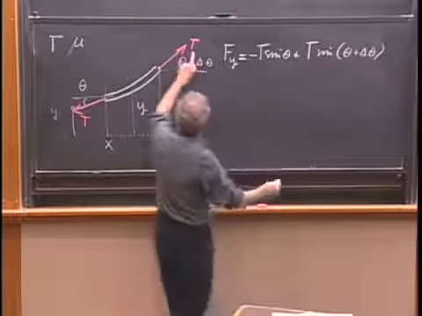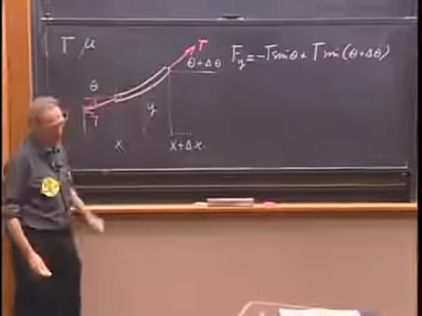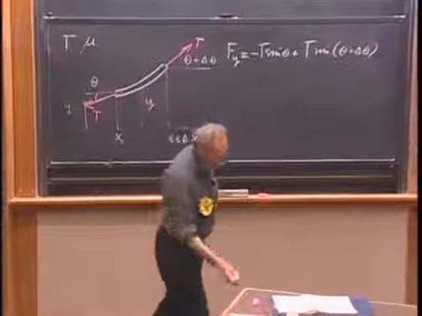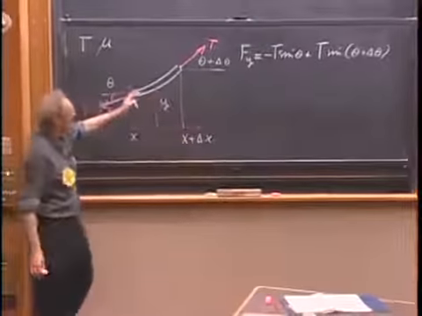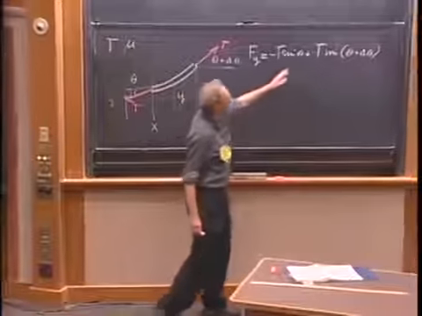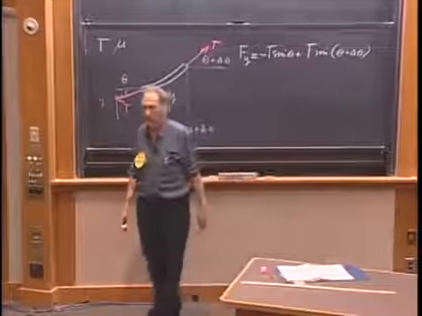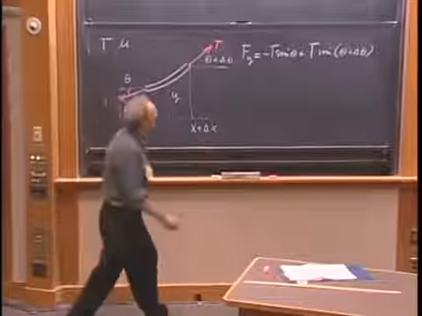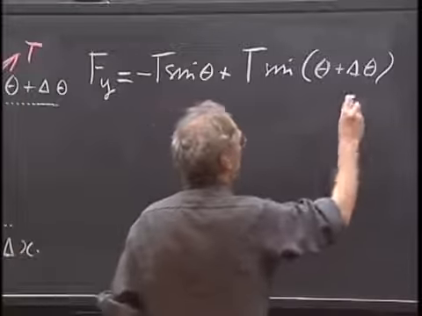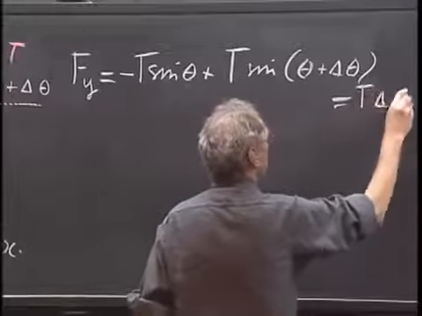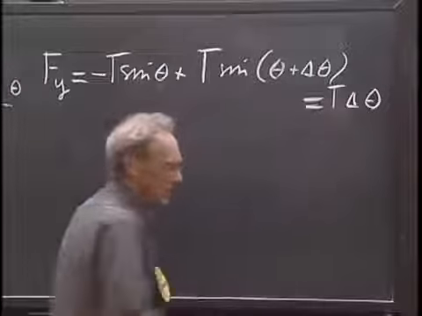Because this component in the y direction is driving it away from equilibrium. But for small angles, and we have to have small angles, otherwise all our assumptions are wrong, T's are not the same. So for small angles, the sine of theta is the same as theta in radians. And so this becomes theta, this becomes theta plus delta theta, and so this thing becomes T delta theta. That's an approximation for small angles.